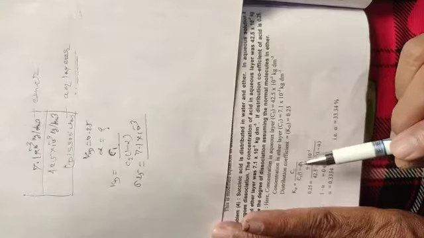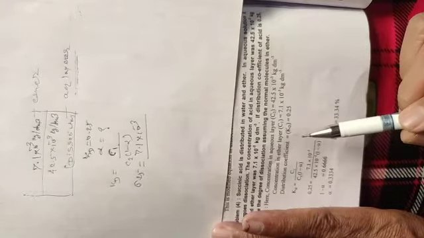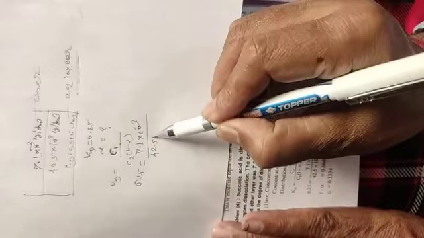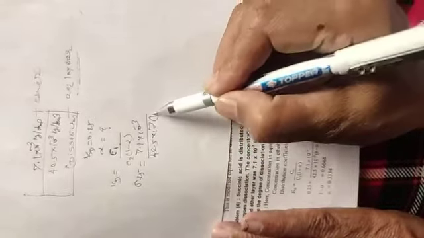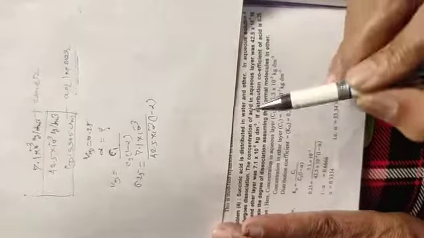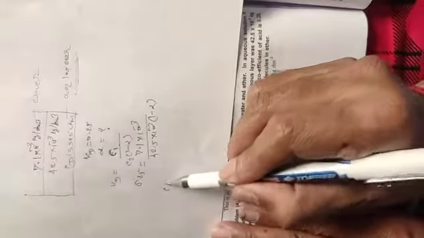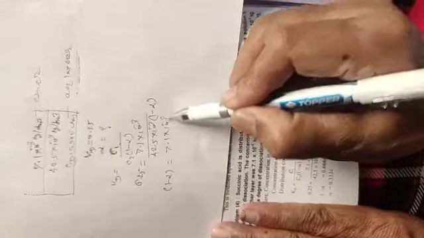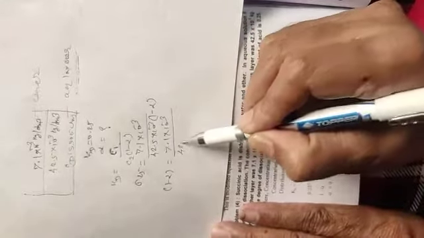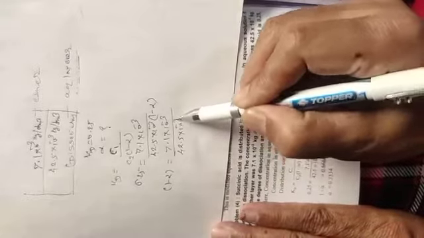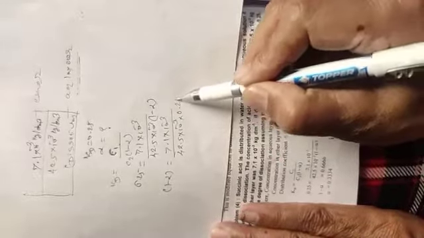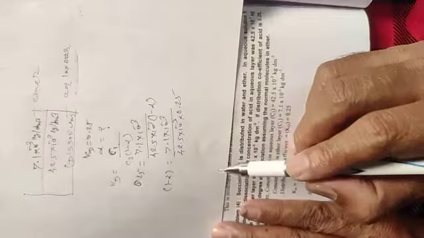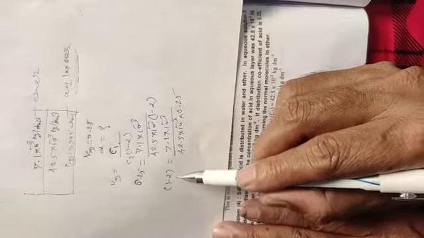C2 is the concentration in the aqueous layer, then it will be 42.5 into 10 raised to power minus 3, into 1 minus alpha. Now you have to find alpha. That's why 1 minus alpha is equal to 7.1 into 10 raised to power minus 3 upon 42.5 into 10 raised to power minus 3, into 0.25.